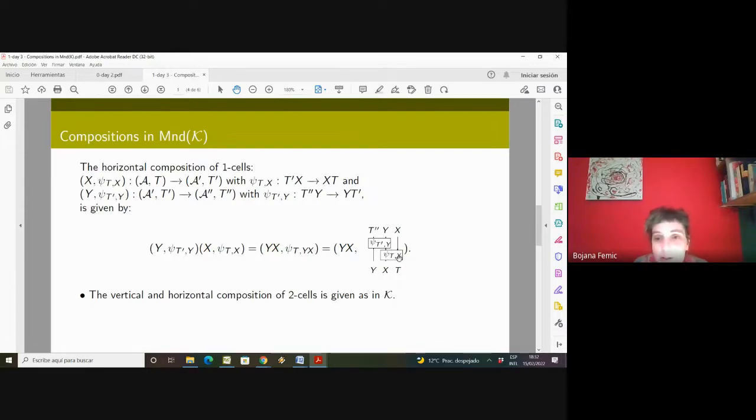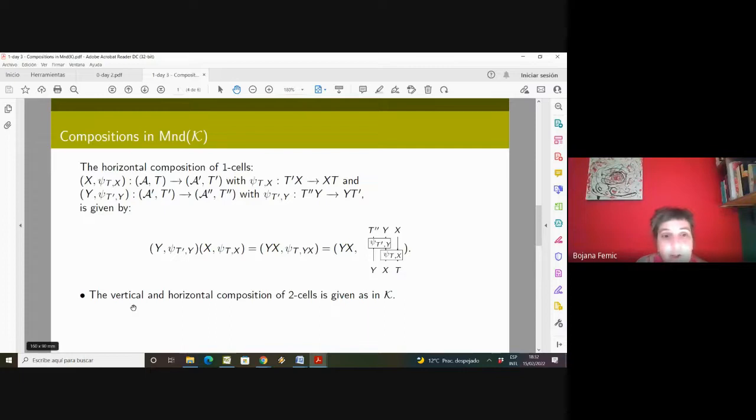And now to tell you that vertical and horizontal composition of two cells is given just as in K. The horizontal composition of two cells in K is given just by acting with theta 1 on Y here on the string for Y, and with theta 2 on the string for X, and then they just pass along, so the axioms will be satisfied.